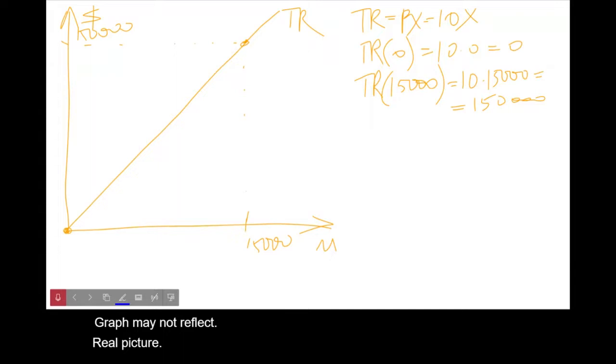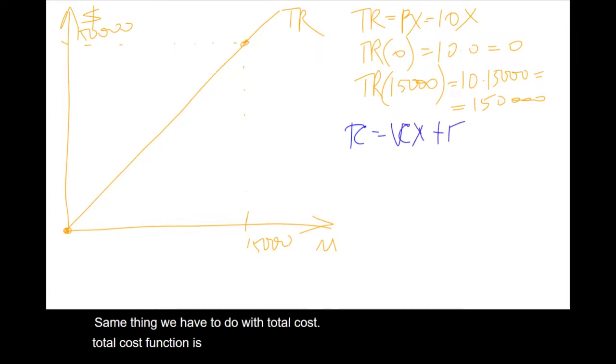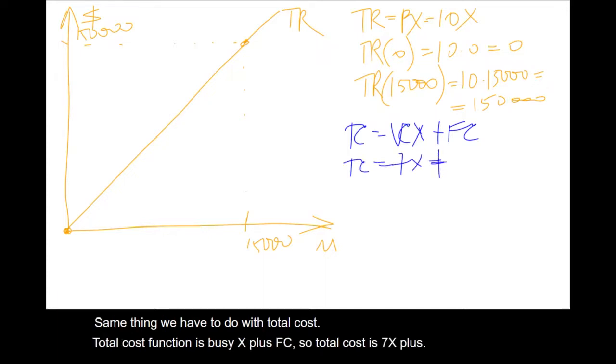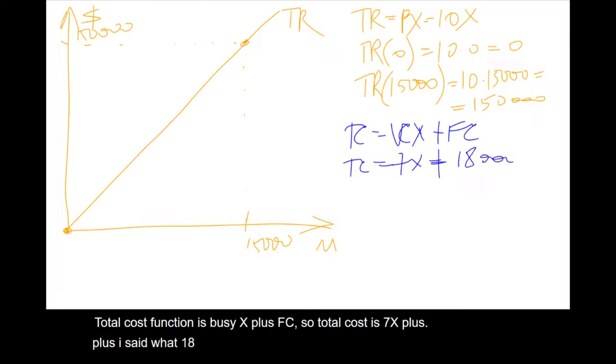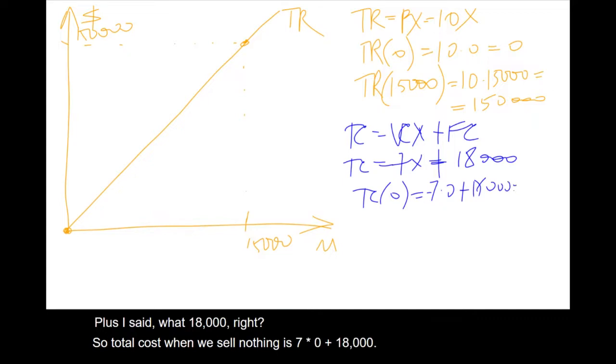Same thing we have to do with total cost. The total cost function is VCX plus FC. So total cost is 7x plus 18,000, right? When we sell nothing, it is 7 times 0 plus 18,000, which is 18,000.